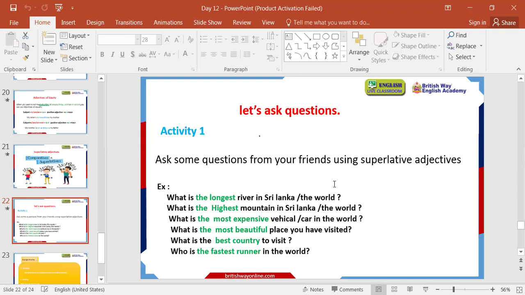Burj Khalifa is the tallest building in the world. Mr. D.S. Senanayake is the oldest Prime Minister in Sri Lanka. The blue whale is the largest animal in the world. Jaffna is the hottest place in Sri Lanka.